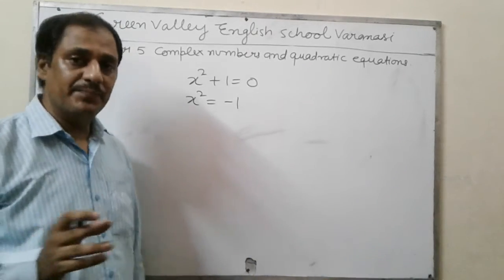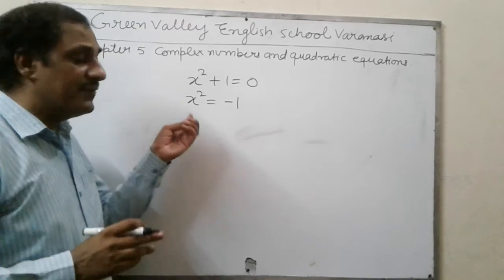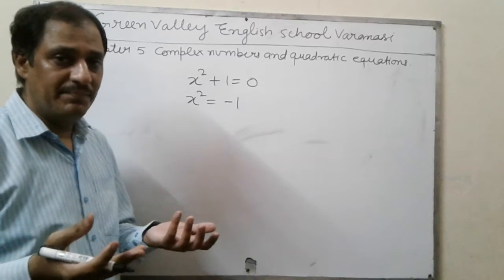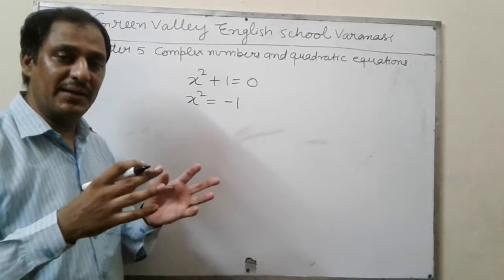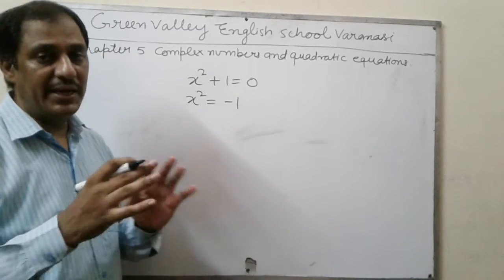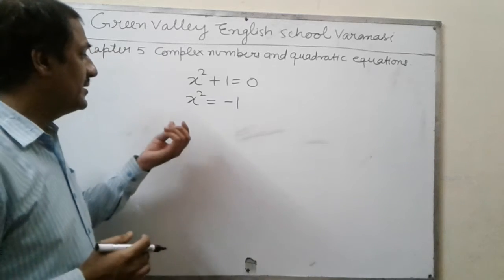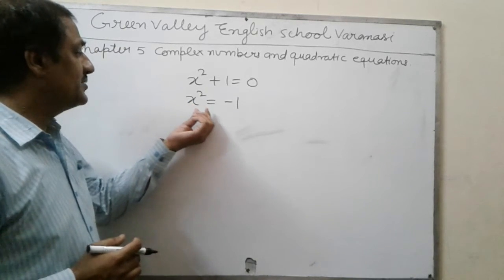Children, can you tell me if the square of any real number becomes negative? No. The square of any real number, whether it is positive or negative, will become positive. Here the result is x square is equal to minus 1.